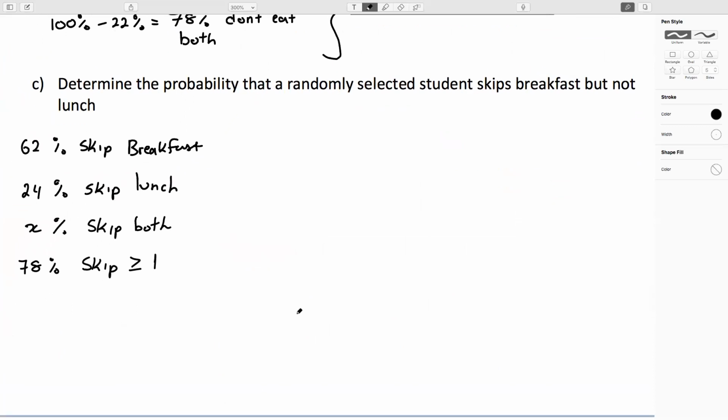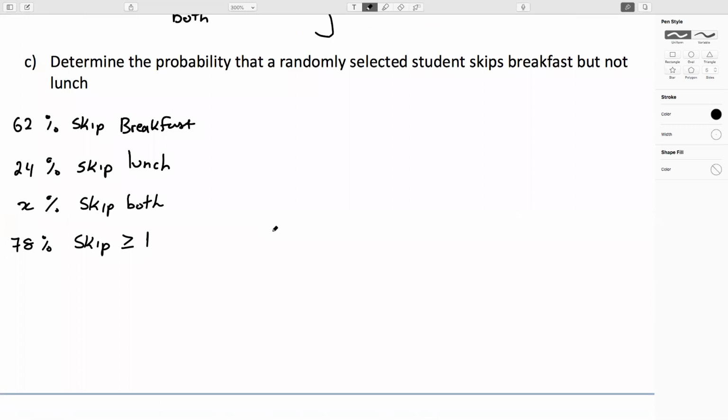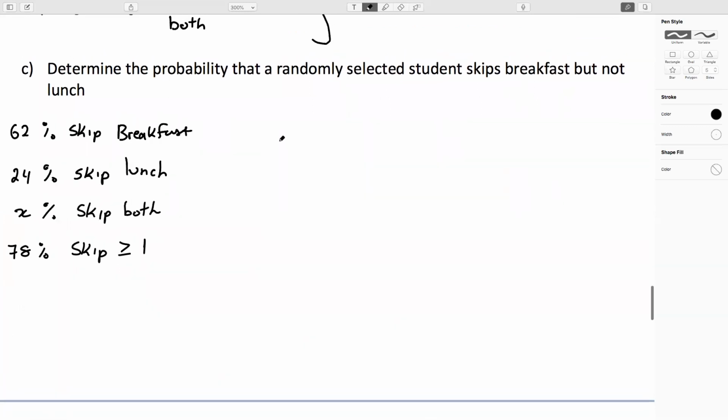So now I can build an equation for this.